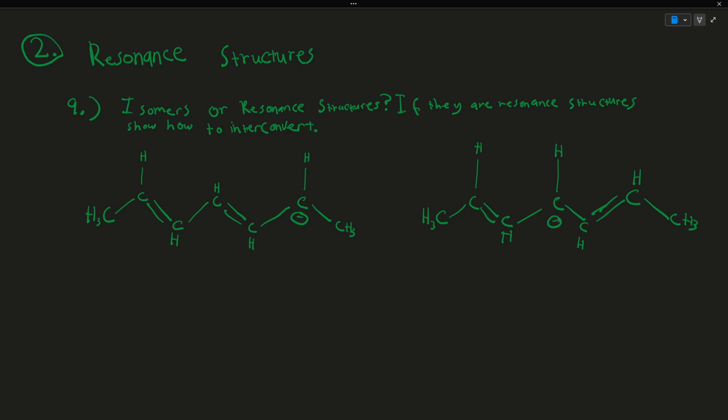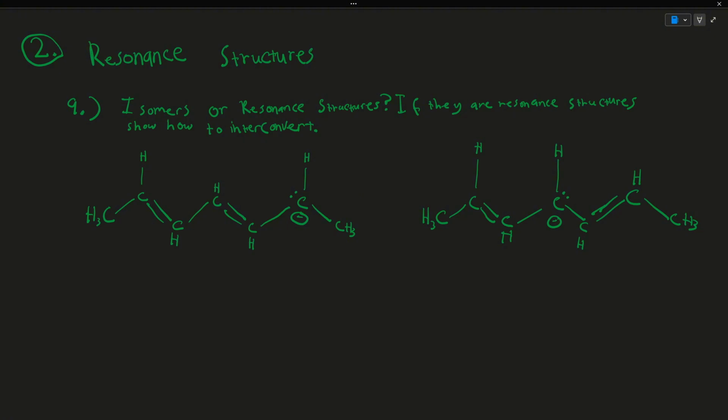That tells us there's a movement of electrons that causes the compound to be in resonance with this one. To show the interconversion, first I would pay attention to the negative charge on the carbon, which tells us that there's a lone pair of electrons.